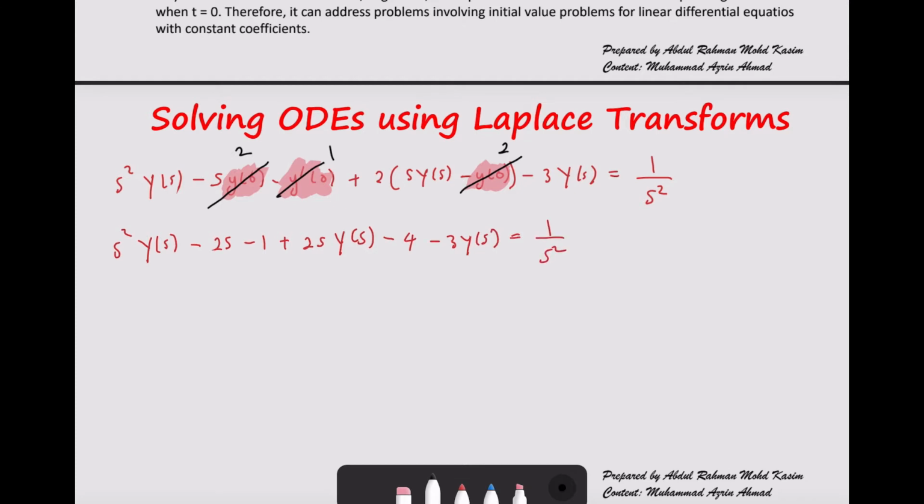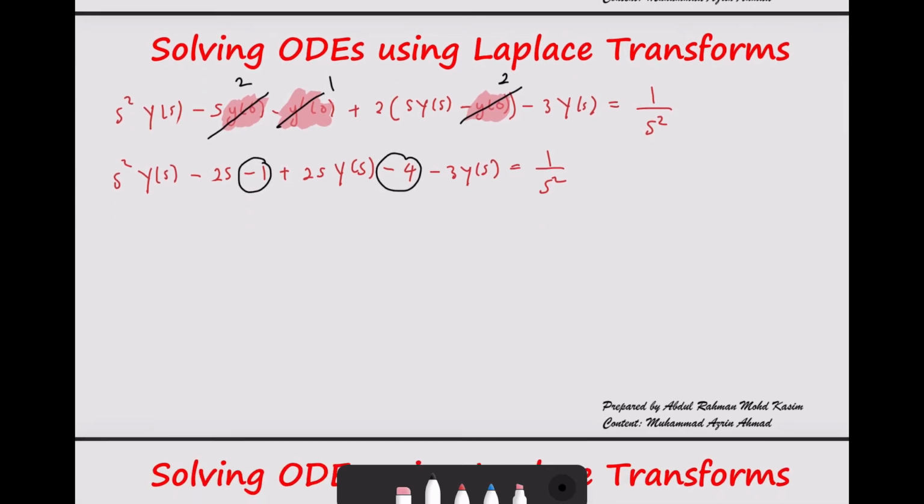Look at here, this is a constant, and this one is also a constant, and then you can bring them into the right hand side. But don't forget, you also need to bring that minus 2s to the right hand side.